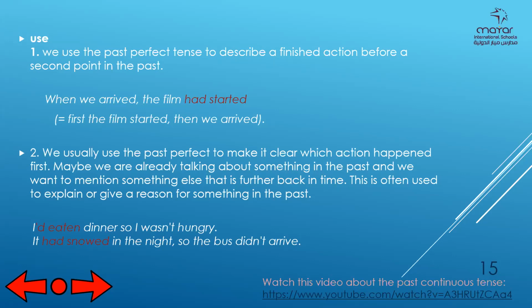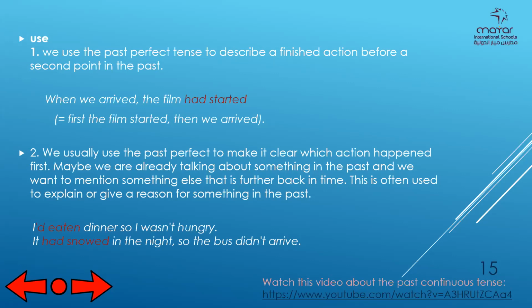Okay, number two, Celine. It had snowed in the night, so the bus didn't arrive. Didn't arrive is the simple past, the negative form of the verb. So it didn't arrive because something happened before, which is snowing.